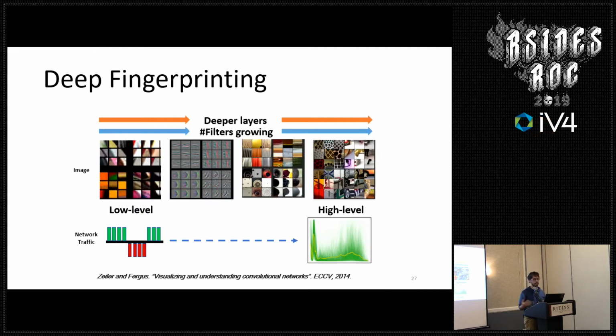For the deep fingerprinting model, I'm not going to go into any of the details because I don't really have time, but basically we're just using some of the latest state-of-the-art machine learning techniques that are used in image classification and bringing them over to this traffic analysis world. One of the things that we use is deeper networks with more layers, and in each layer, more stuff is happening. A good idea of what's going on is in images: on the far left, you have the low-level features that are in the shallow layers of the network, looking for the edges between light and dark, or one color and another.